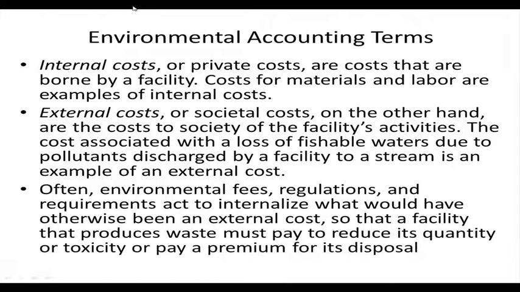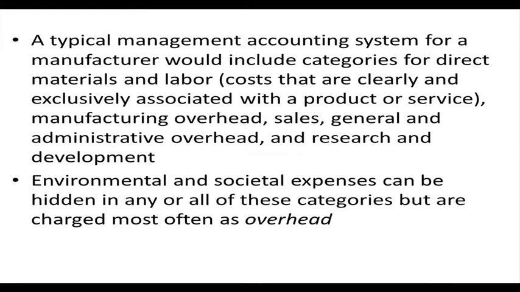Often there are other types of cost: environmental fees, regulation, requirements to act on it to internalize what would otherwise have been external cost. So the facility that produces waste must pay to reduce its quantity or toxicity, or pay a premium. And a typical management accounting system will just go for direct material and labor, costs that are clearly and exclusively associated, including your manufacturing overhead, sales, general administrative overhead, and then some research and development.